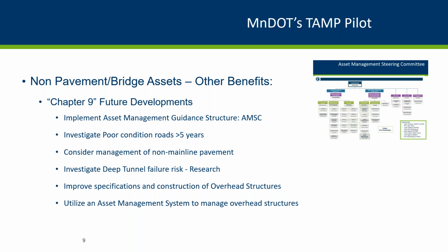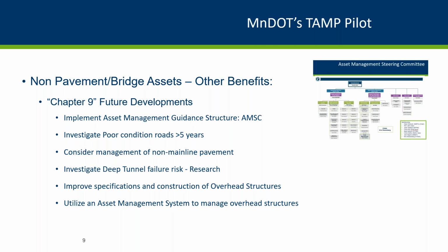Our asset management steering committee has been up and running for about 2 years now. Measures and targets on pavement conditions sometimes don't reflect the totality of the system and some of the implications. So there was a bullet there to look at some of the roads sort of left behind in terms of pavement smoothness measures.